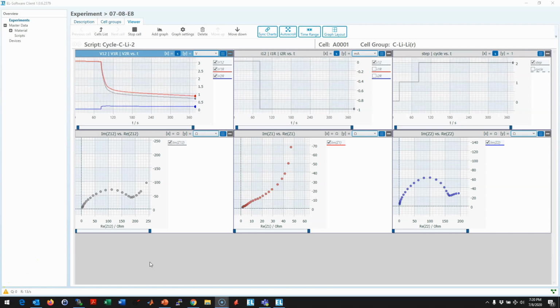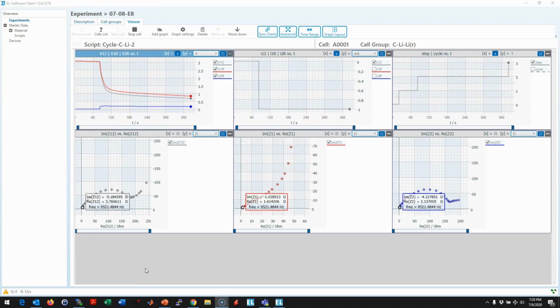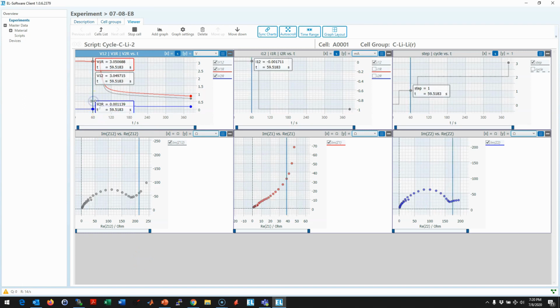After about 6 minutes, the impedance is being measured the first time with a bias current of -1 milliamp. You see the spectra building up here in this Nyquist diagram, and the same here for the two half cells, for the graphite electrode, this one, and for the lithium metal counter electrode.